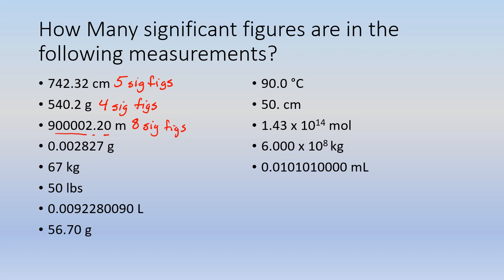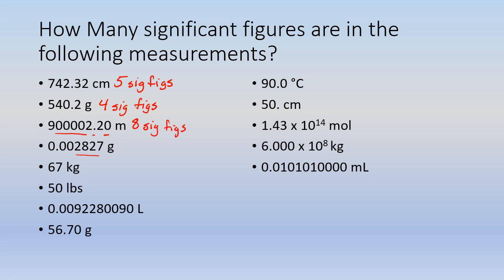In the next number, we have some more zeros that we need to look at. This shows 0.002827 grams. Now, we know that the non-zero digits here at the end are significant. And we also know that one of our rules from the previous slide says that all zeros, regardless of if there's a decimal or not, all zeros that come before the first non-zero digit are insignificant.